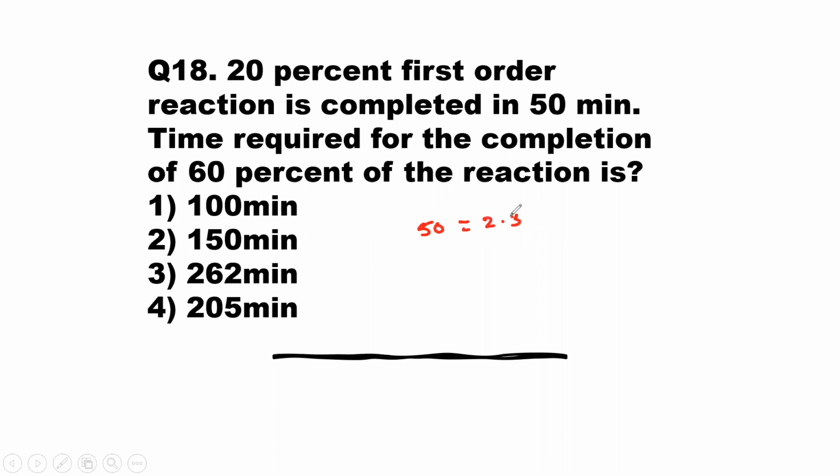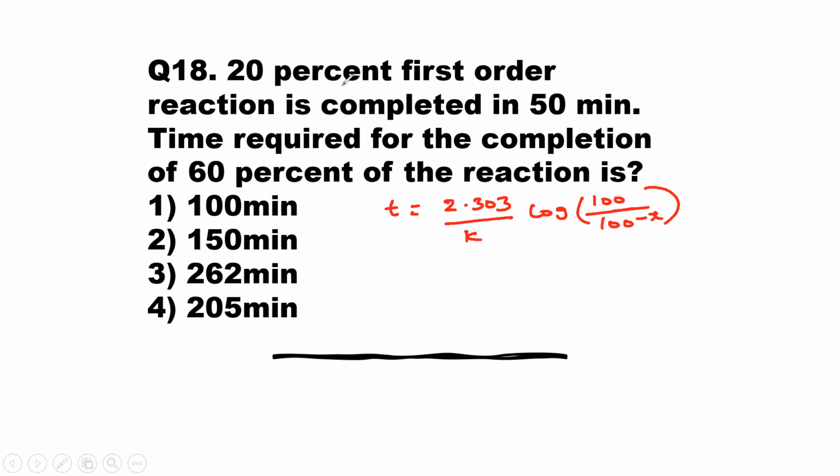I'm writing it neatly. You already know T is equal to 2.303 by K into log of 100 by 100 minus X. This is the integrated equation for first order kinetics.